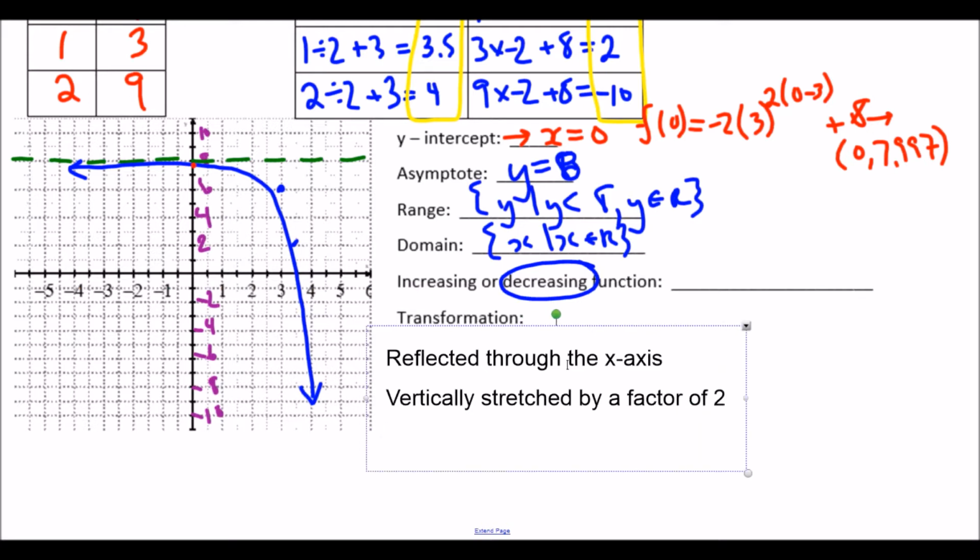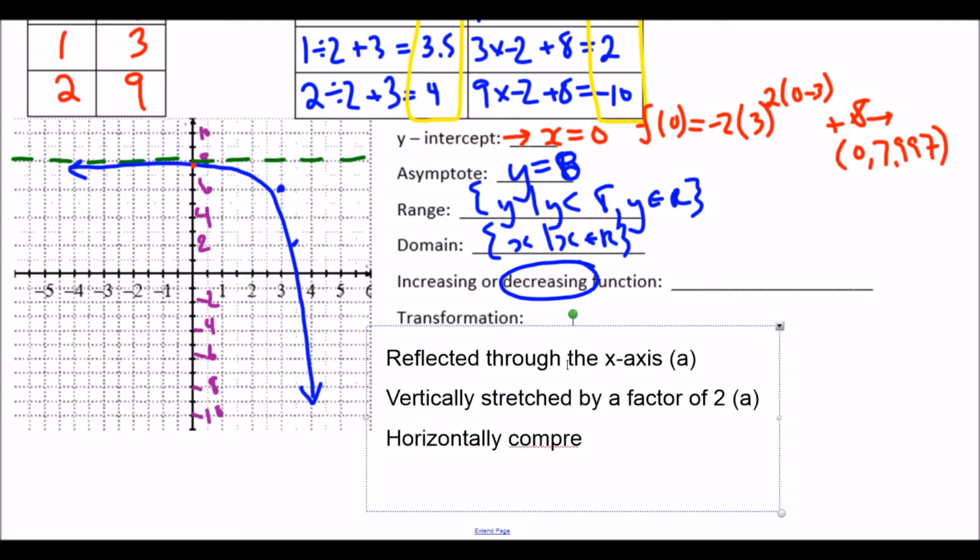So again, that's from my A value. I'll just put it in brackets here. This is also from my A value. You don't need to do this, of course, but just showing where I get it from. Next I'm going to do horizontally compressed by a factor of 1 over 2. This is for my B. My B value is 2, so it's always the reciprocal.